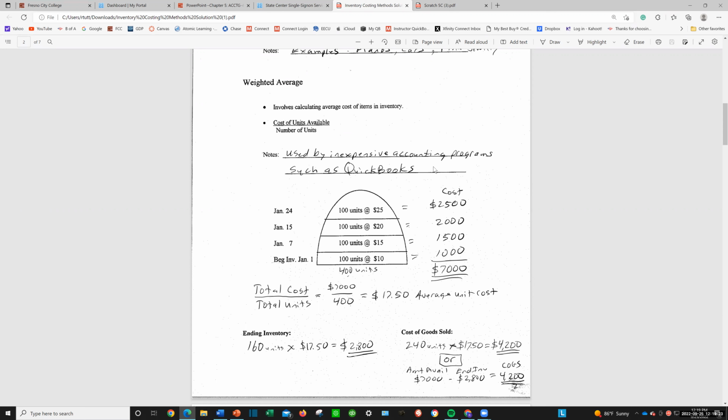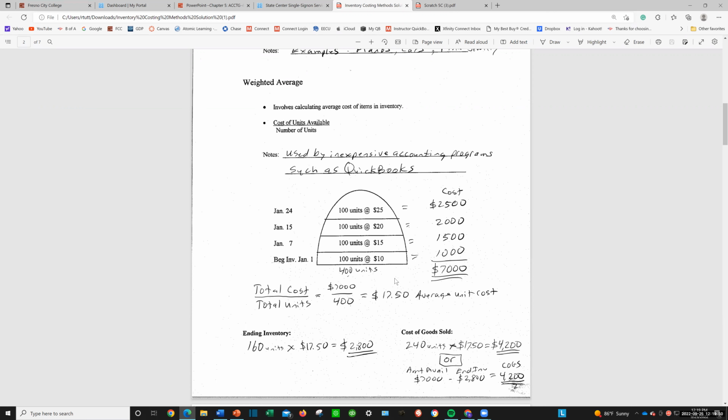And why? Because of the different methods, it's the middle of the road results, right? We're going to be doing FIFO, we'll be doing LIFO. Those will give you more extreme results, but weighted average is kind of in the middle. So if you pick one, then maybe that's the best way to go. So QuickBooks uses weighted average.